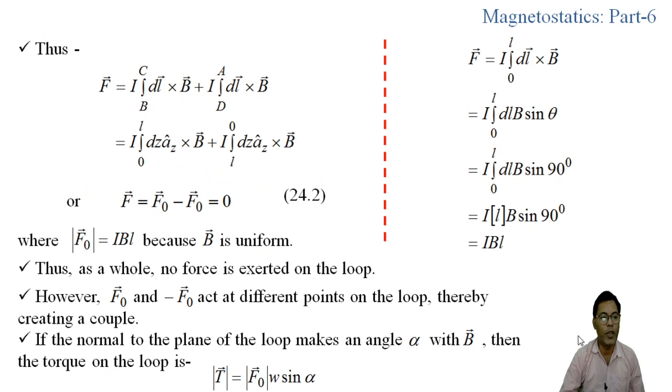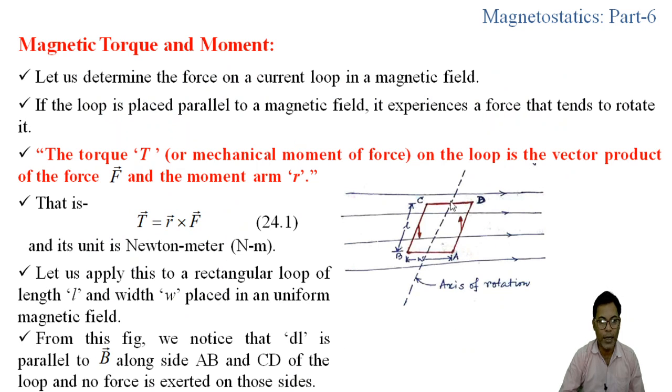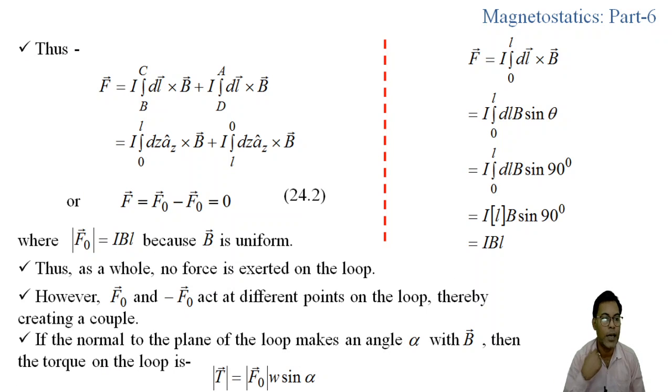So finally what we get, and also we can see that this dotted line is along the z axis. So dl length in this condition, we can consider this dl length is in the z axis. That is why we have considered, instead of this vector dl, dz, that is the magnitude along the direction of az, similarly here also dz az.